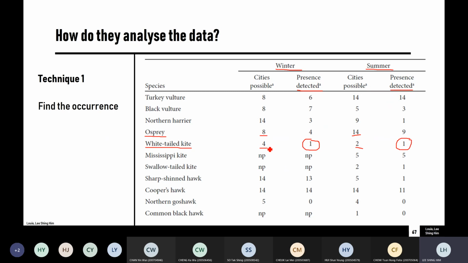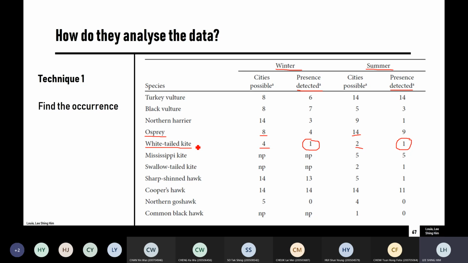It means that even though this animal was seen in 4 cities, perhaps the observers in those 4 cities are seeing the same individual. You know, raptors fly around, and their home range is very, very large. They patrol a very wide area.